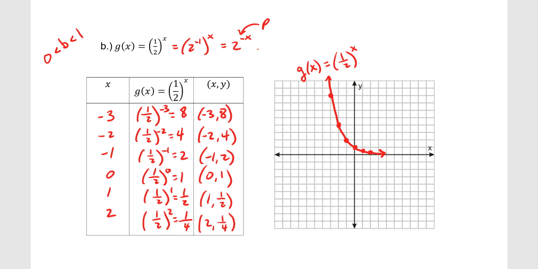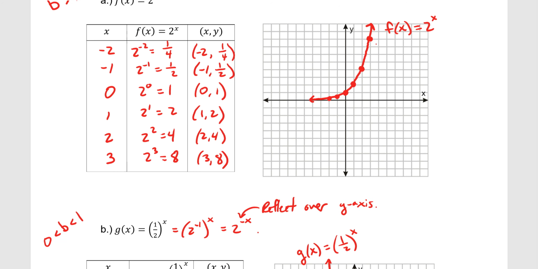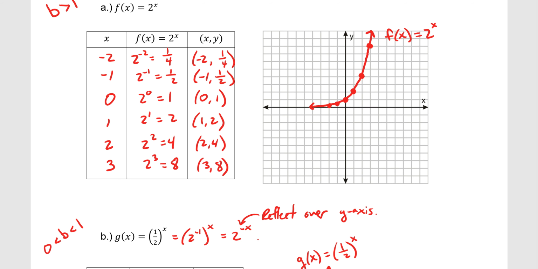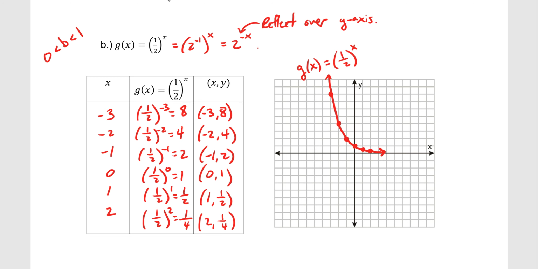This negative on the x means reflect over the y-axis, which is exactly what we did, comparing this one to the one up here. This function up here, f of x, was 2 to the x. If we negate the x, we reflect it over the y-axis, and it ends up looking like this one right here.